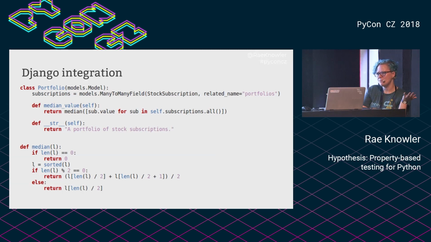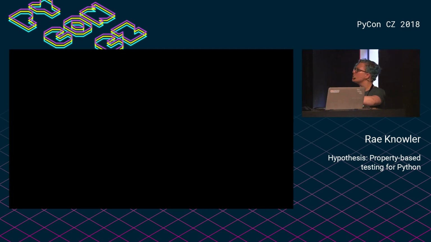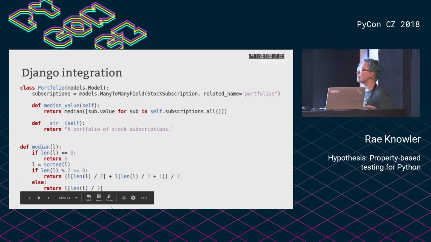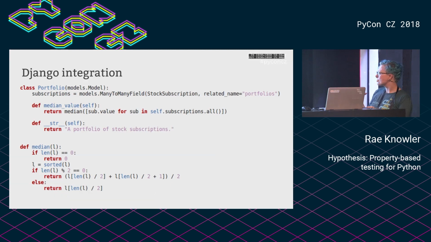You see, I can do this better. The median value method on my portfolio model just returns what I calculate. So I get the value for all of the subscriptions, and I throw that to my median function.